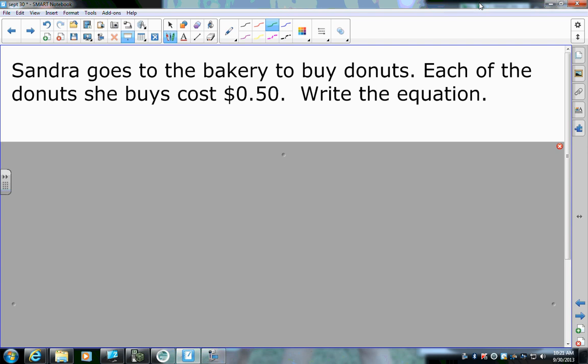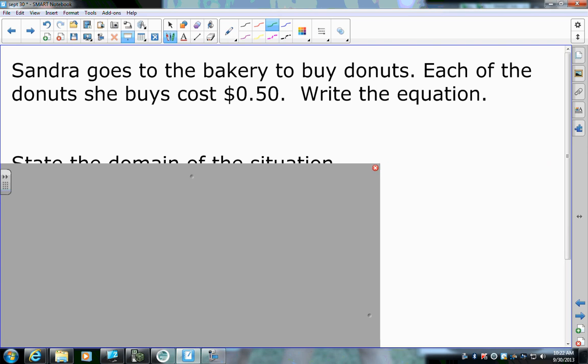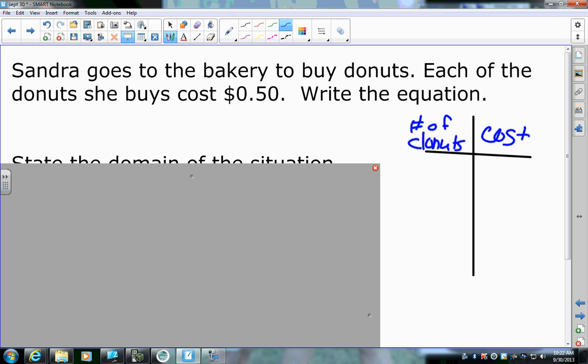Okay, so to write the equation, first off, what are the two things we're talking about? Donuts and money. So on my table here that I'm drawing, my X is going to be my number of donuts. My Y is going to be my cost.